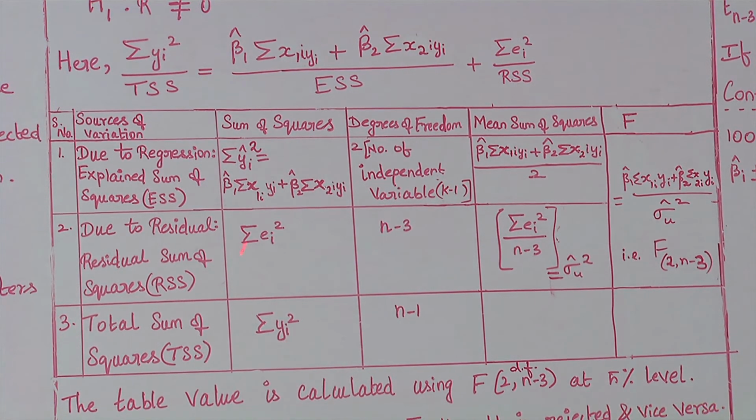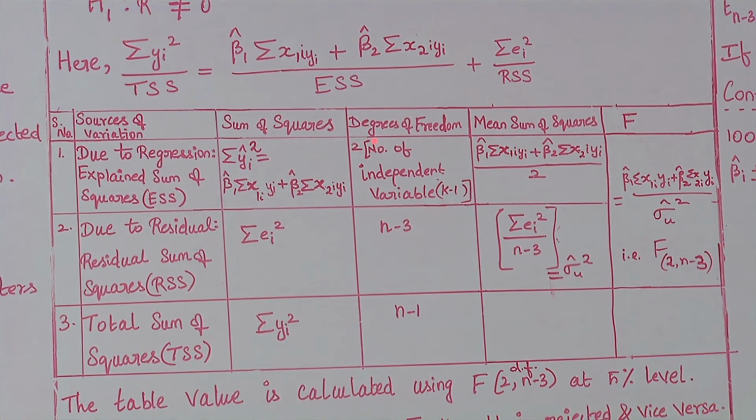So sigma small yi square is equal to sigma small yi hat square, which is this whole formula, plus the sum of squares of residuals sigma ei square. This is your total sum of squares, explained sum of squares and residual sum of squares.